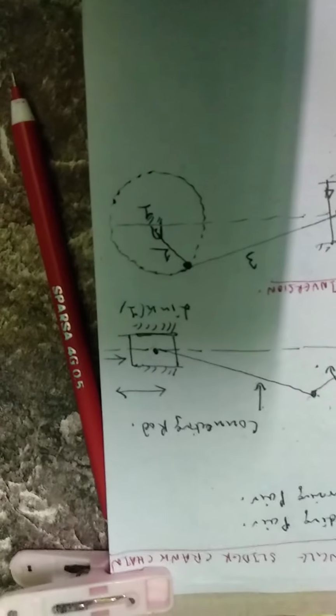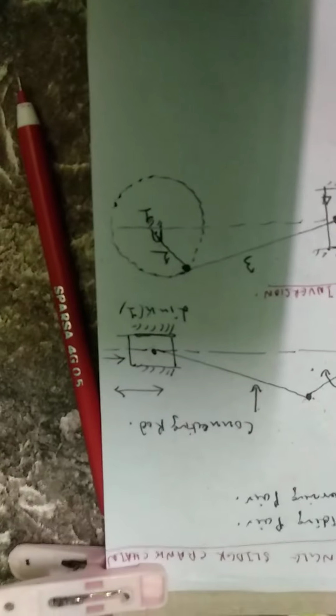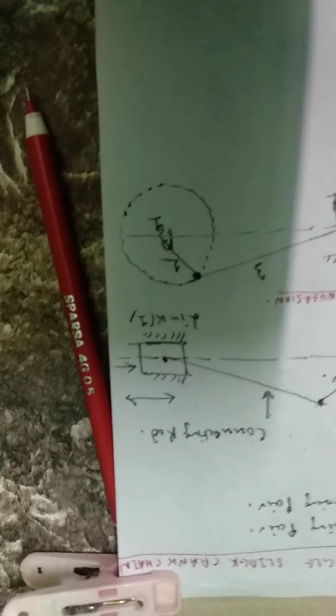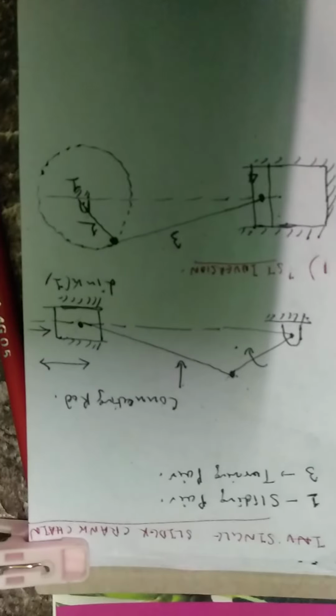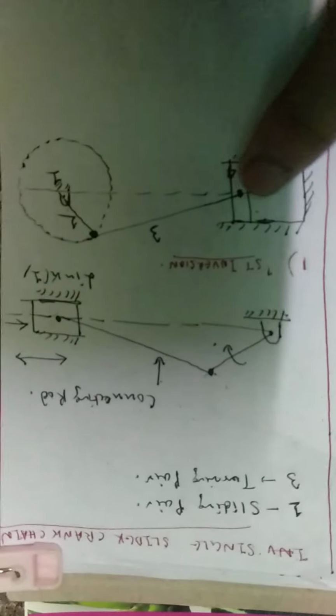In this case, when the link 2 rotates, the connecting rod, that is the link 3, oscillates about a pin which is pivoted to the fixed link. And the piston attached to the piston rod reciprocates.